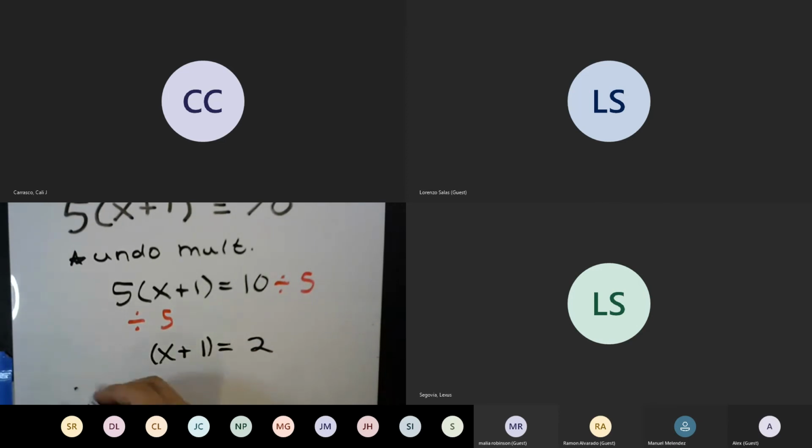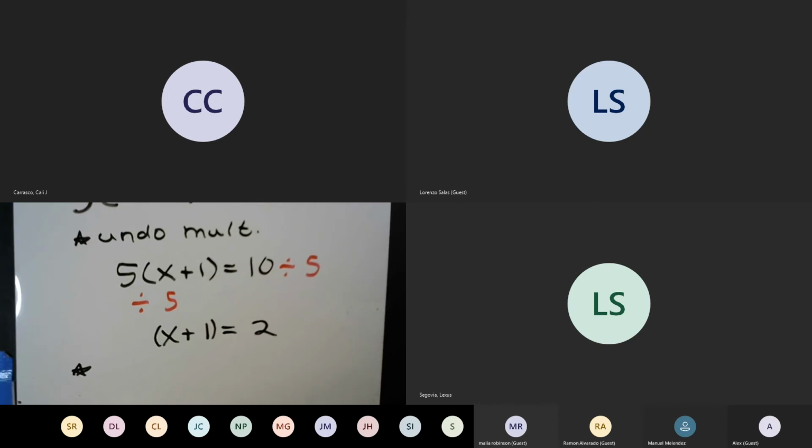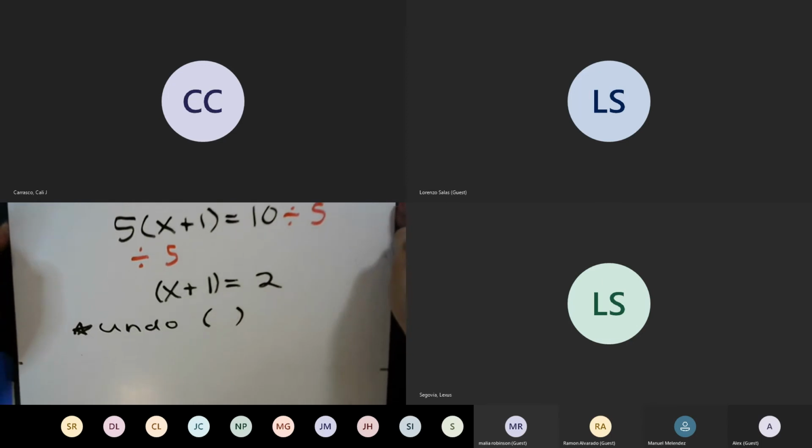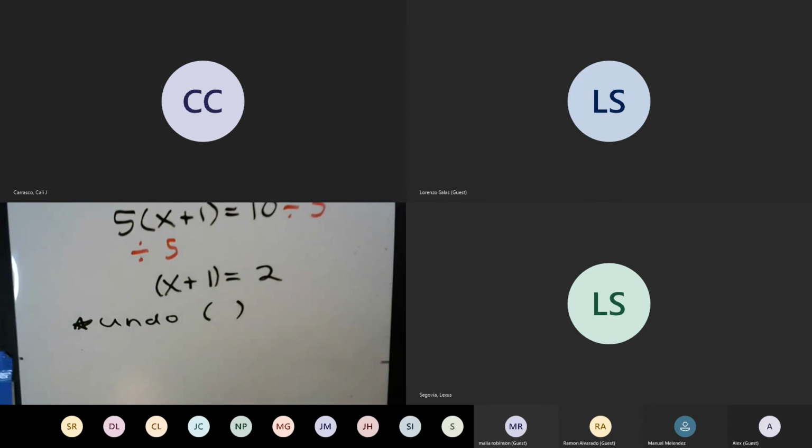But now, as we're going through PEMDAS backwards, now we'll undo the parentheses. Now we can drop the parentheses because we're now going to do the calculation inside.